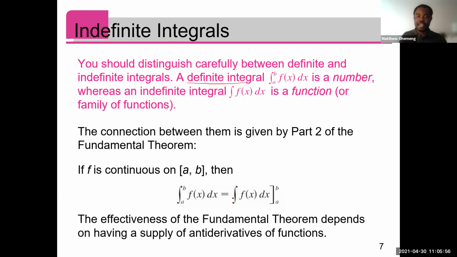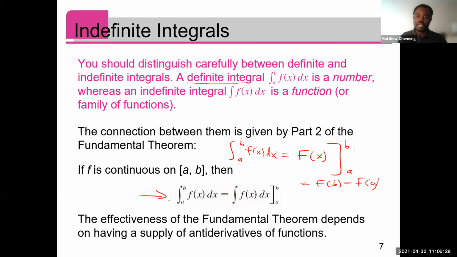Relating the indefinite integral to the definite integral, we can say that whenever you are doing the definite integral from a to b of f of x dx, we know that it is just the antiderivative evaluated from the lower to the upper limit, so that you get F of b minus F of a.